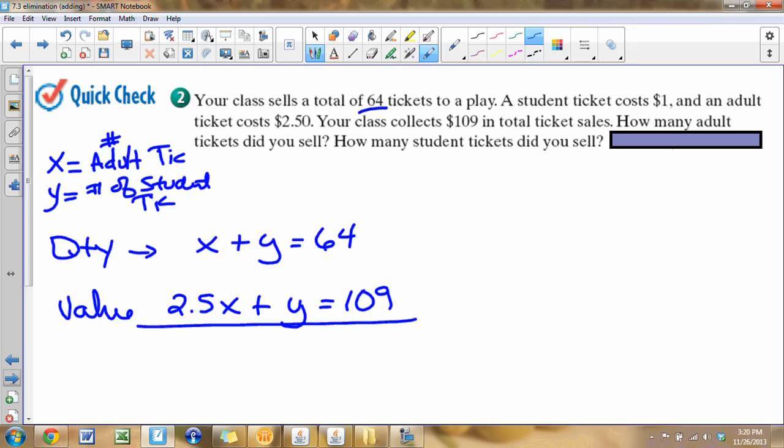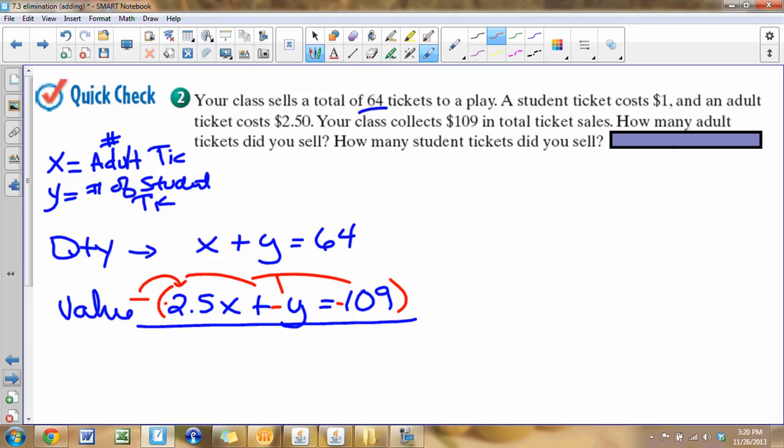And again, since my y's here are similar but they're not opposite, I'm going to subtract this time instead of adding, which means when I distribute, everything here is going to get a negative. So when I add my y and my negative y, I'll eliminate those.